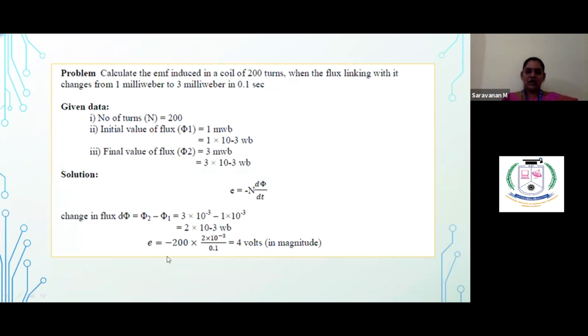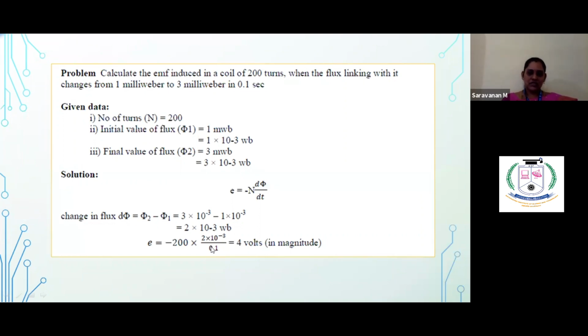I got it. Now substitute into E is equal to N, the number of turns is given as 200, and the change of flux is 2 into 10 power minus 3 with respect to time dt. Now here you can see why I have given it as negative. What they have given over here is that the flux linking with the coil is changing within a time of 0.1 second.